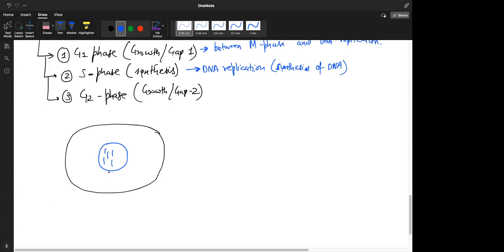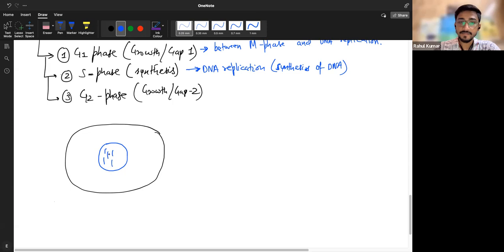When the S phase comes, along with this, there are centrioles. As Iram said, they are cylindrical structures, one centriole in this direction and the other centriole in this direction. This is how they are present in the cell. So one nucleus and a centriole.